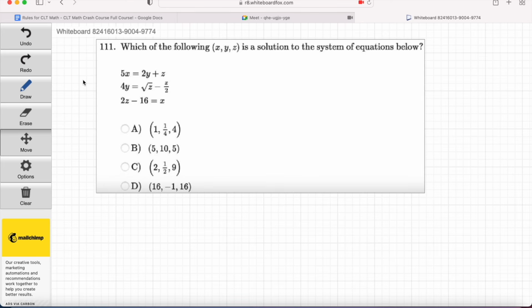So let's use that strategy that we used before. Let's start with the easiest ones and just test these answer choices. What do you want to start with? B. I'd start with B as well. At least plug into the top equation. That's not going to be too complicated. Let's see what happens.